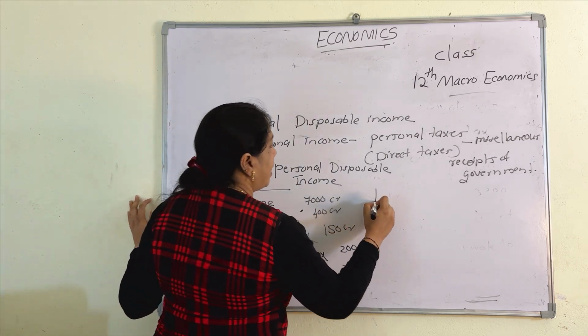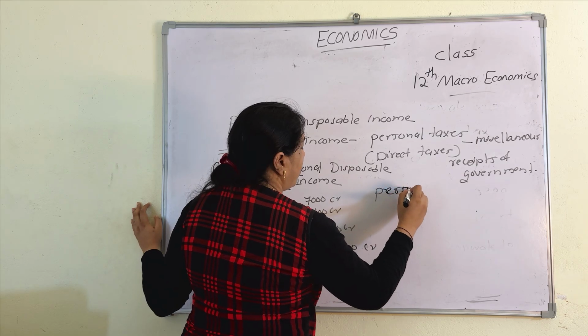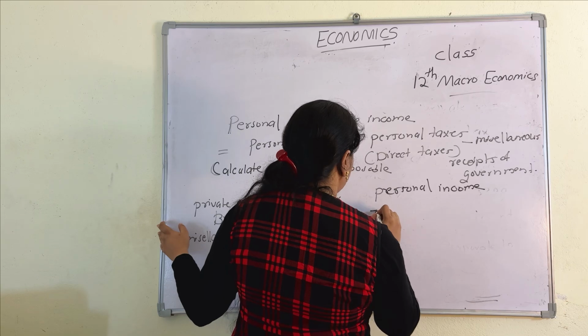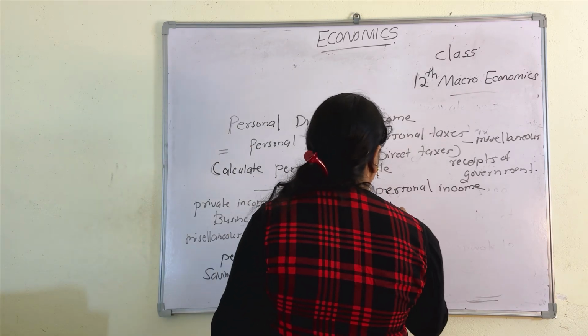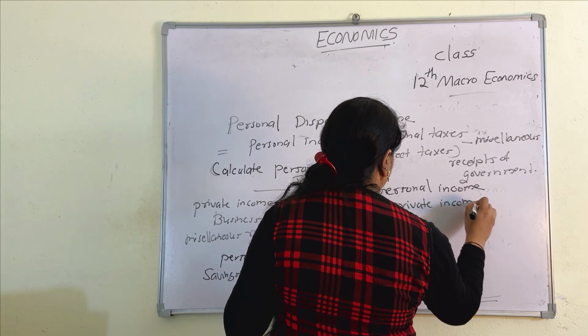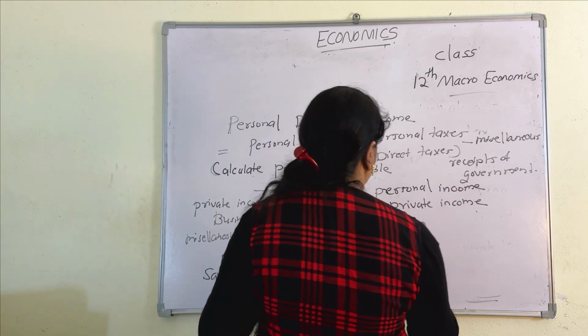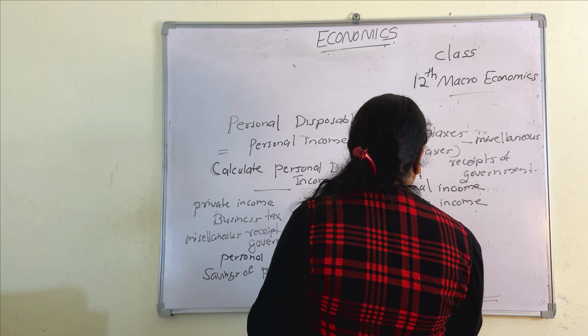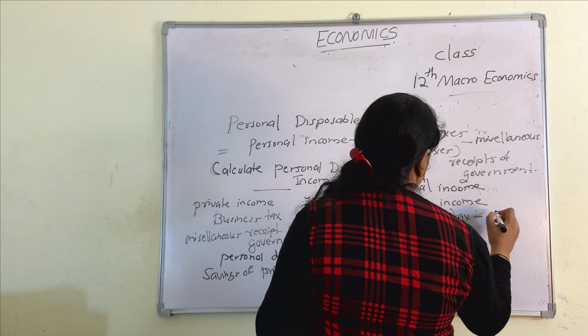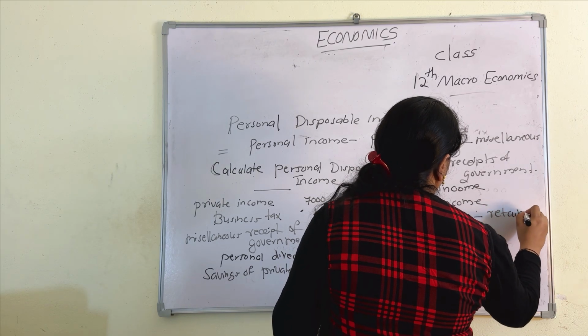So, personal income, formula we already studied. What is the formula? Personal income means private income minus corporate tax minus retained earnings.